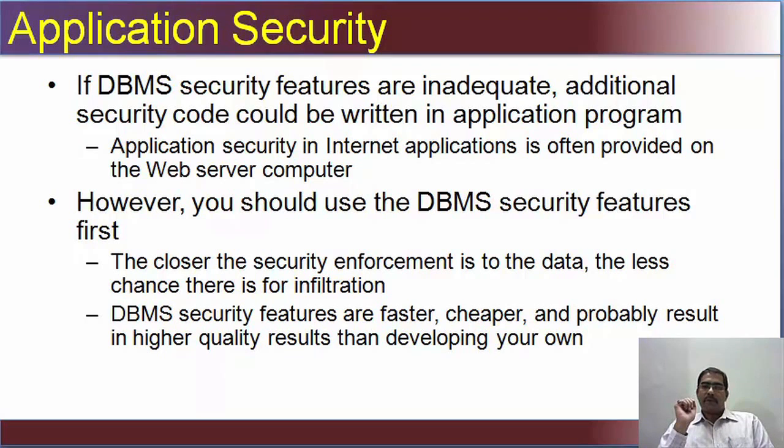The closer the security enforcement is to the data, the less chances are there for infiltration. DBMS security features are faster, cheaper, and will also result in higher quality results than developing your own algorithm or your own security feature.